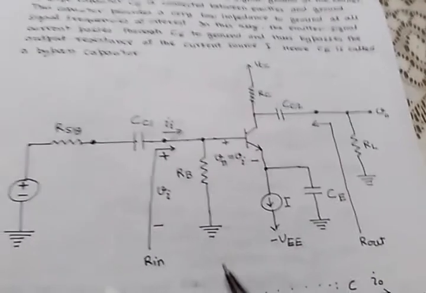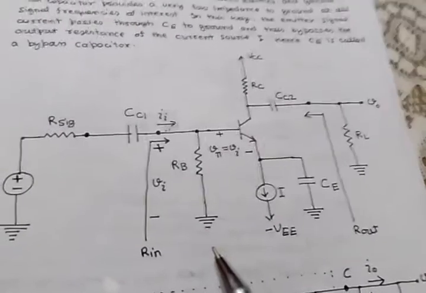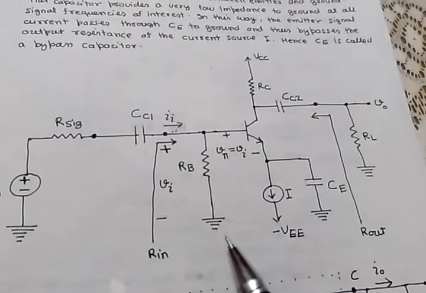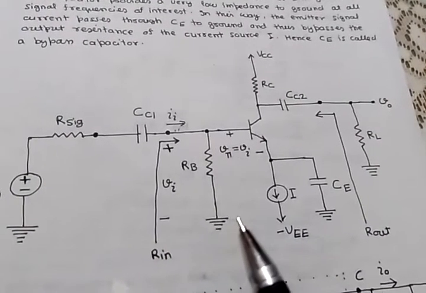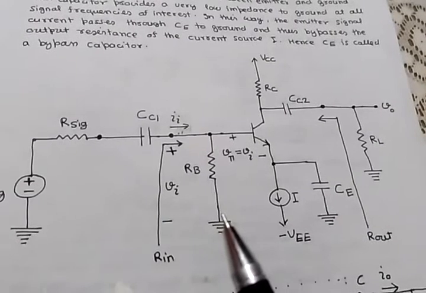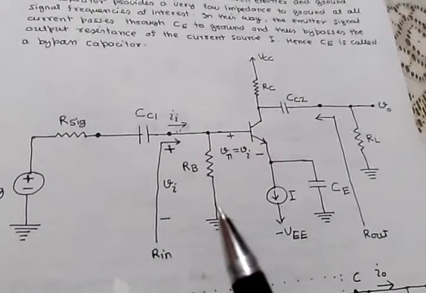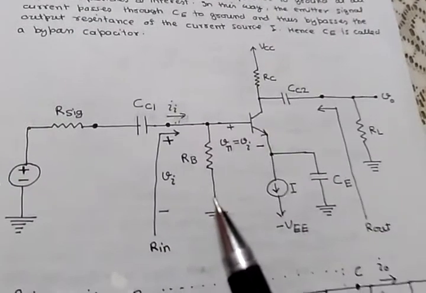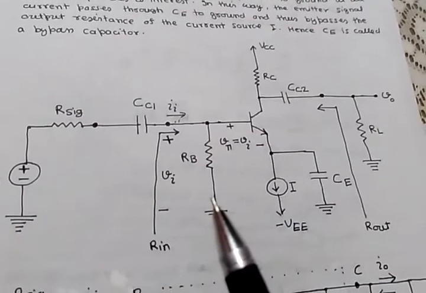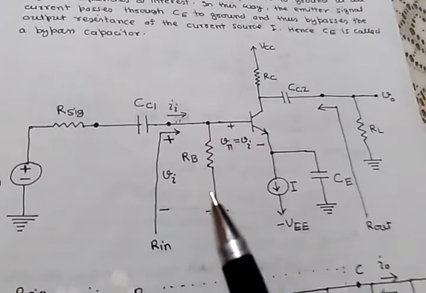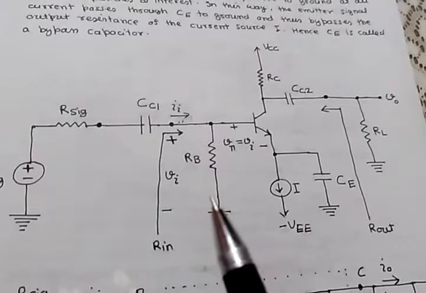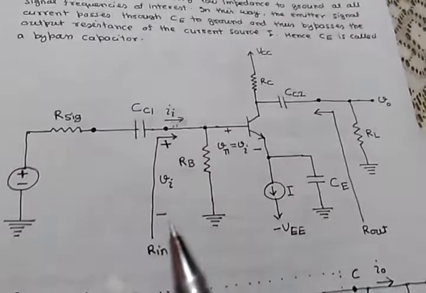Now we will draw the AC equivalent circuit of this common emitter amplifier. We already know that to draw the AC equivalent circuit, we set all the DC sources equal to 0 and we short all the capacitors.